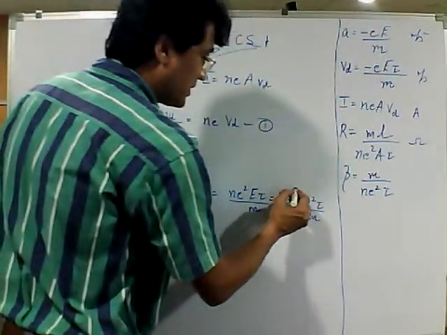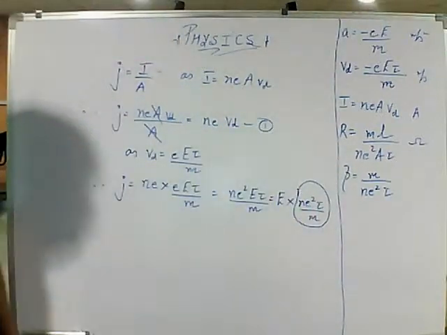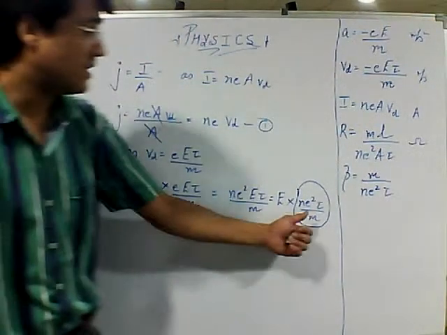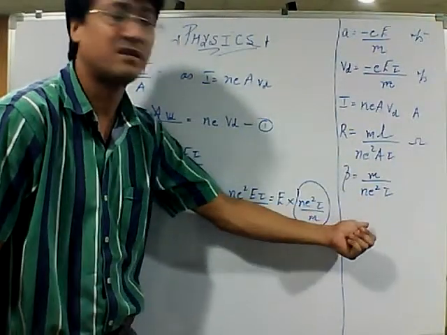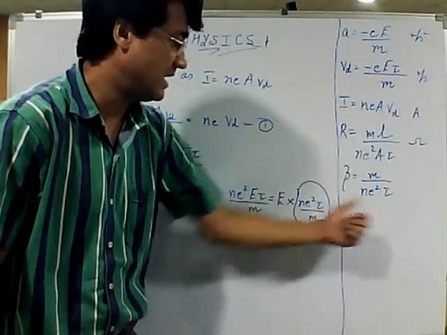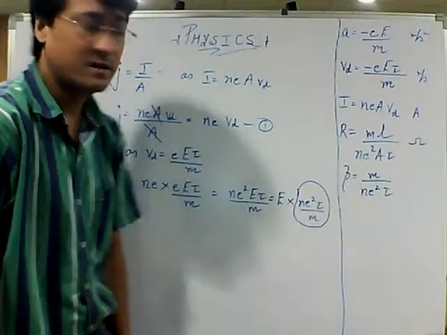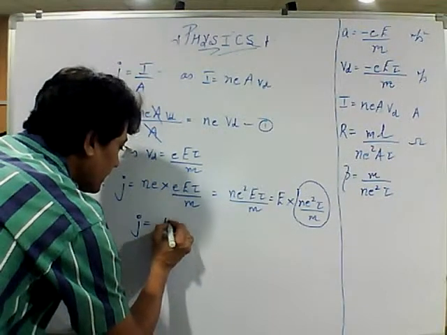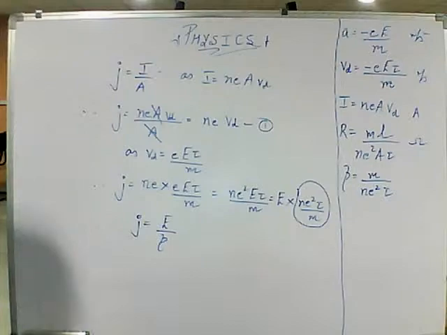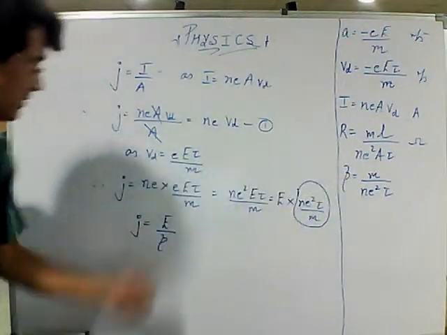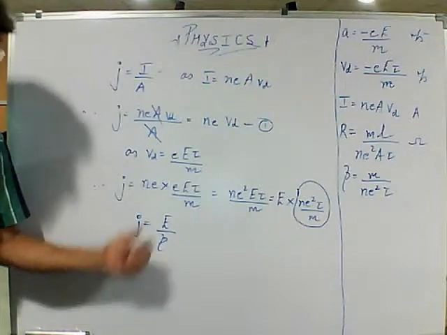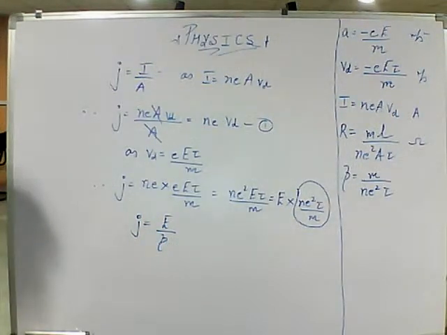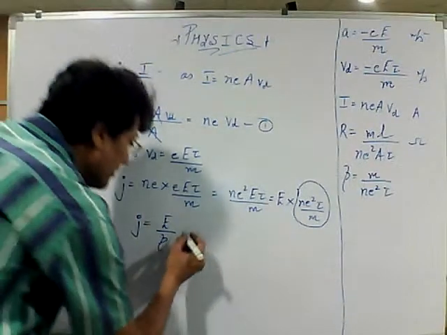Now if you look onto this expression, n e square tau by m is nothing but the reciprocal of the resistivity. So I can write current density J as E divided by resistivity, it is 1 by rho. And what is 1 by resistivity? 1 by resistivity is nothing but conductivity.